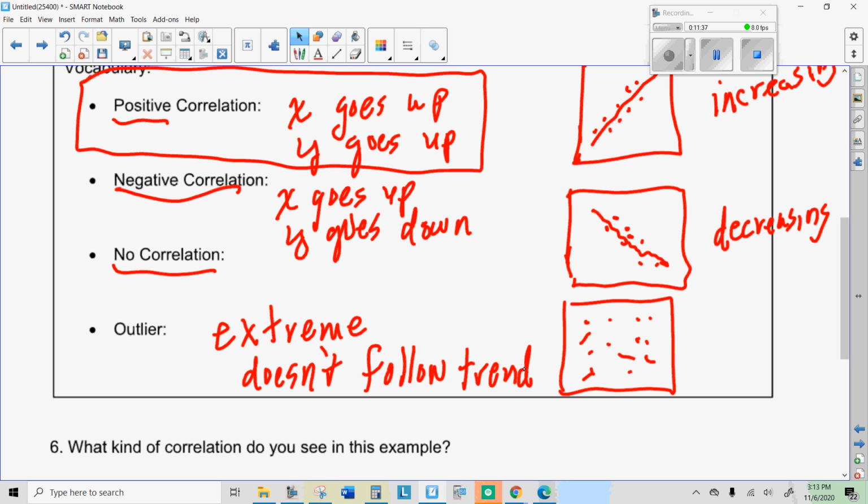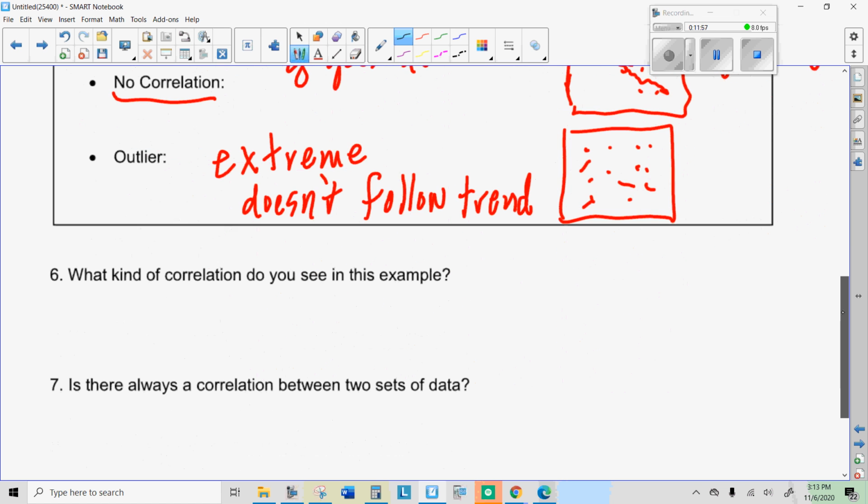Let's say on this one up here, if there were another point way over here, that would be considered an outlier because it's so far away from the other data. In this example, we saw positive correlation because both variables went up. It was an increasing line.